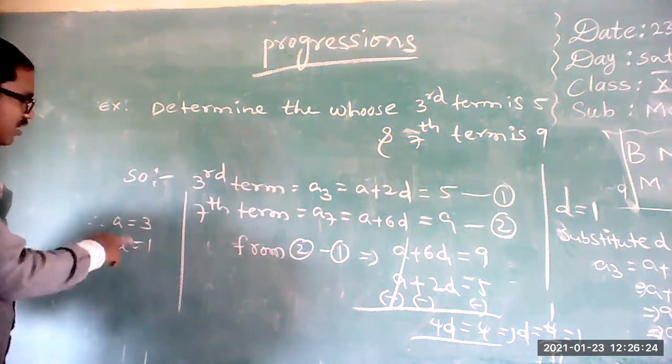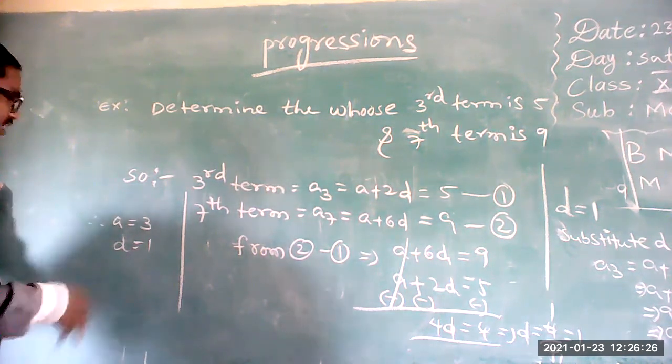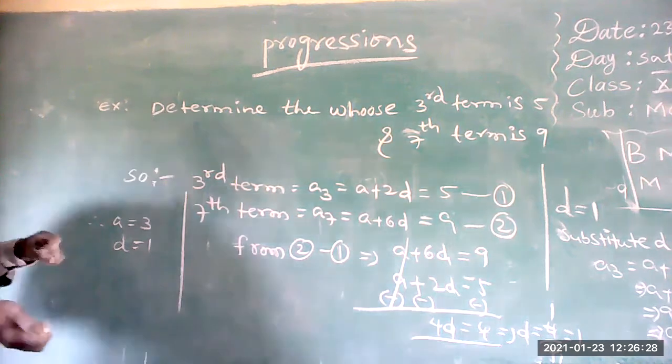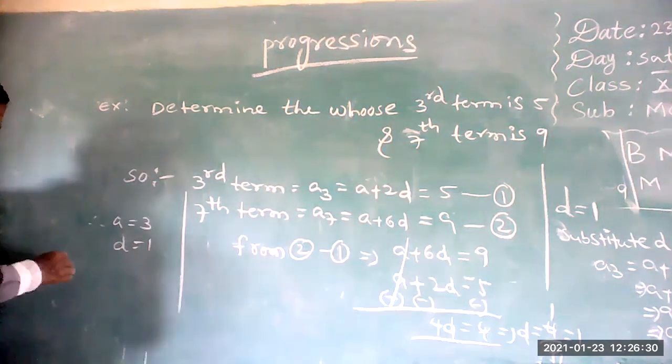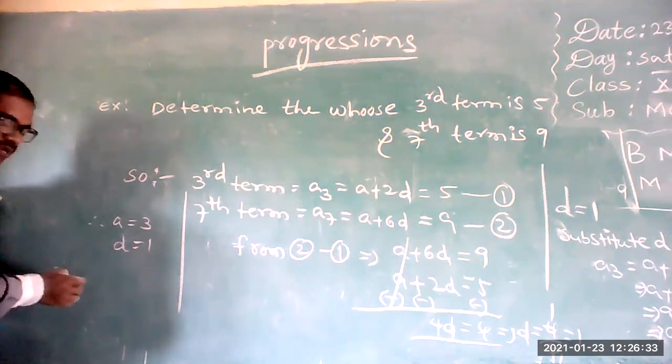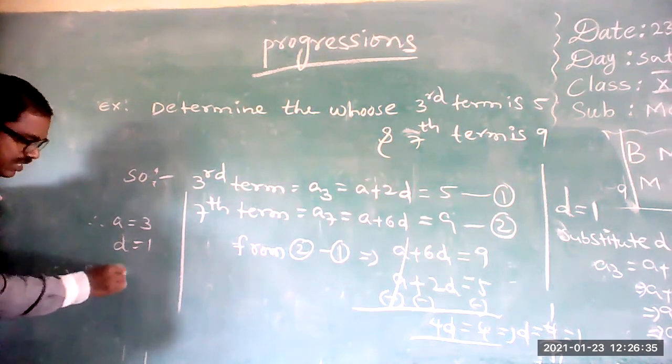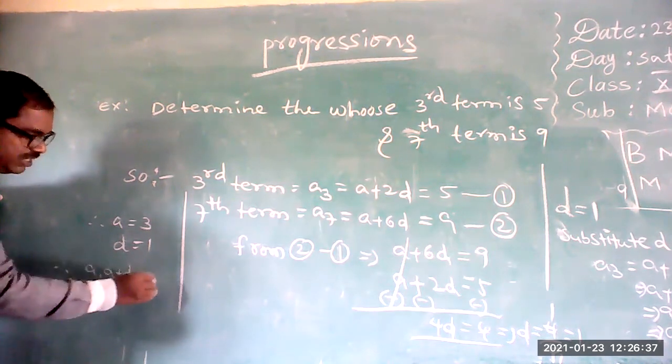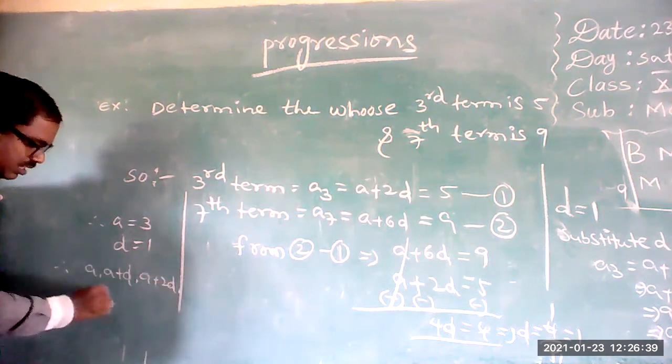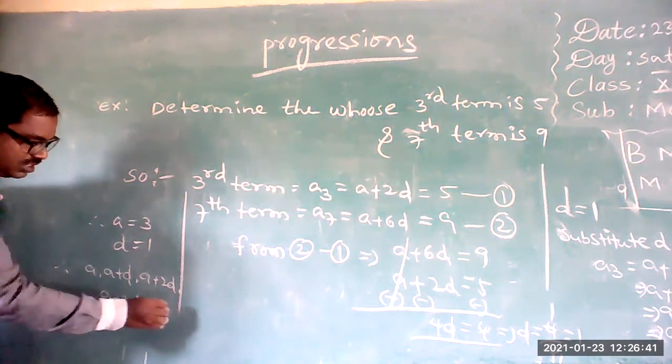Okay. So the A value and D value are given. Write the series of the AP. The general form of an AP is A, A plus D, A plus 2D, A plus 3D, and so on.